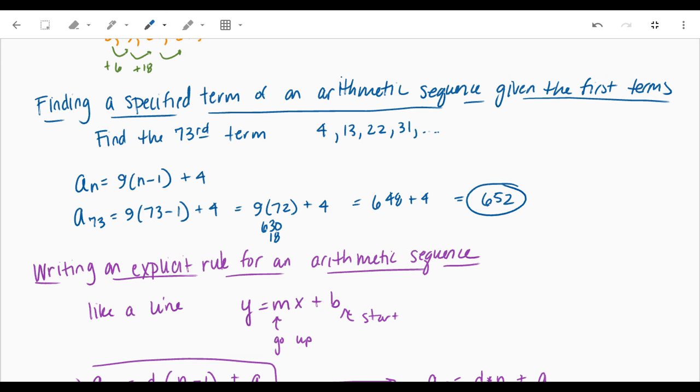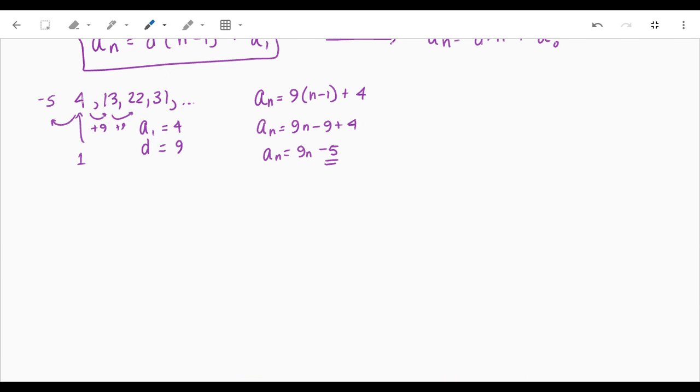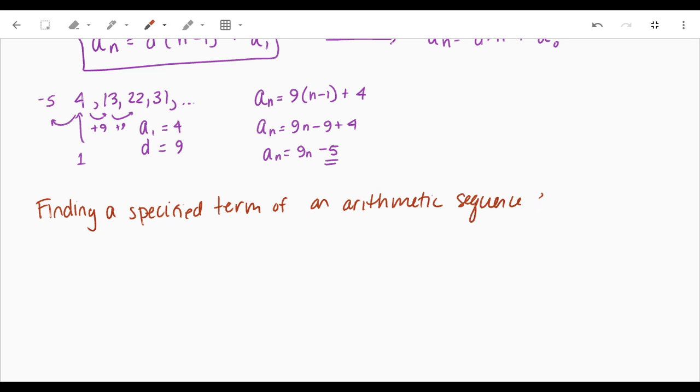All right, our next one. It's going to relate to this one also. All right, so these are all tying together real nice, where we should be able to cruise through them. Finding a specified term, again, of an arithmetic sequence given the common difference and first term.